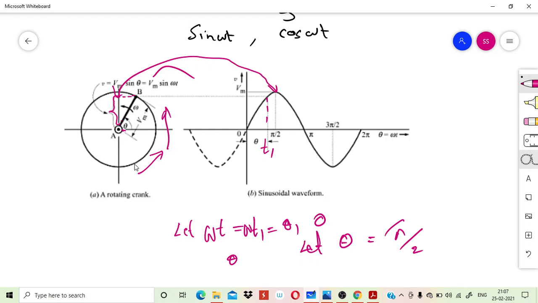So at the same time, theta equal to pi by 2 means this crank or this rod is rotated through an angle 90 degree with this positive x-axis.